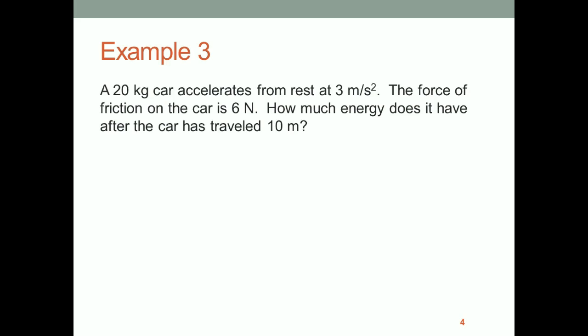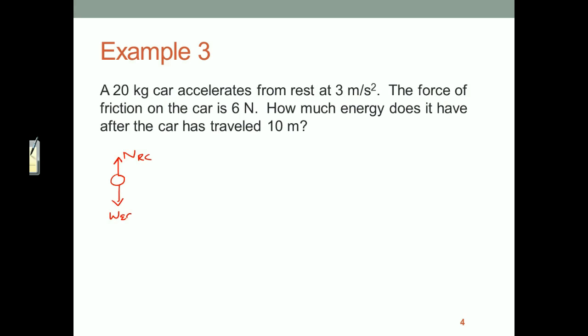For the third example, we have a car accelerating from rest at 3 meters per second squared. So that's giving you the acceleration. We are told the force of the friction on the car is 6 newtons and that it travels like this for 10 meters. So again, I'm going to begin by drawing the free body diagram. I have a normal, I'm going to call it a road on the car.